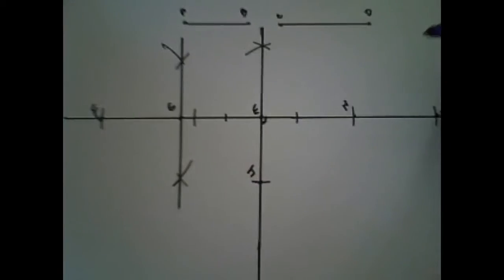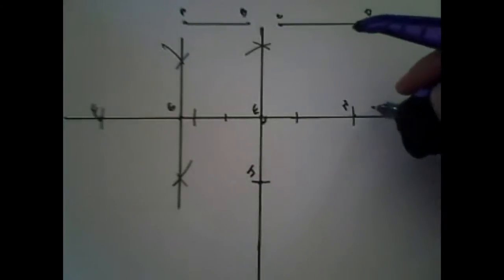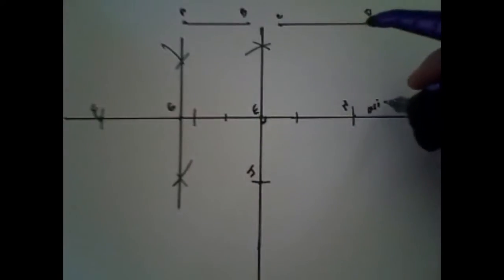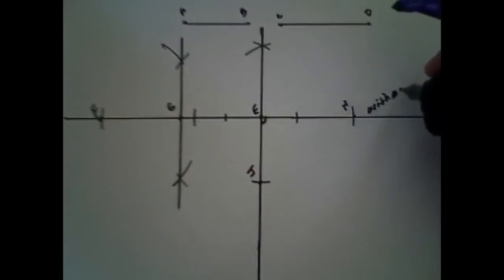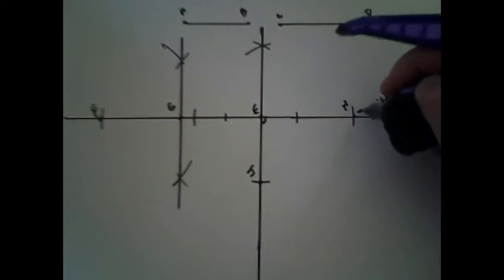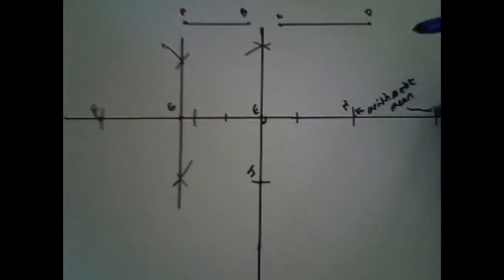Let me call that point K. So from H to K is our arithmetic mean. So the arithmetic mean is really from here to here. But remember, we're looking for the harmonic mean. So we need one more thing going on here before we can find that harmonic mean.